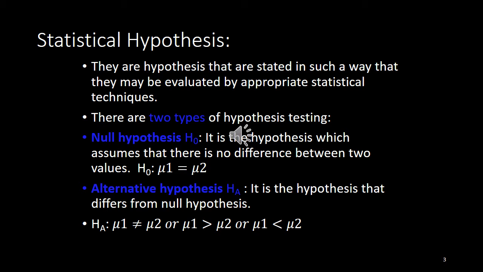So if your mu is equal to 70 or mu1 is equal to mu2, then the alternative hypothesis, other than the null hypothesis, will be mu1 is not equal to mu2, mu1 is greater than mu2 or mu1 is less than mu2, and the alternative hypothesis is represented by H1 or HA.